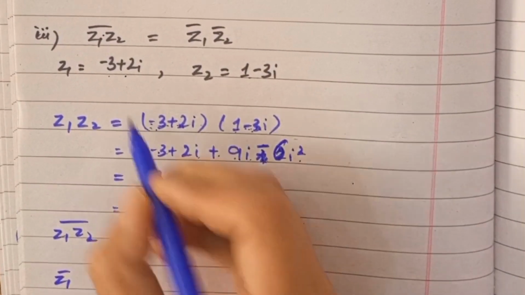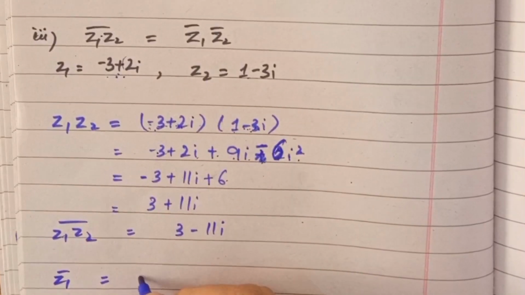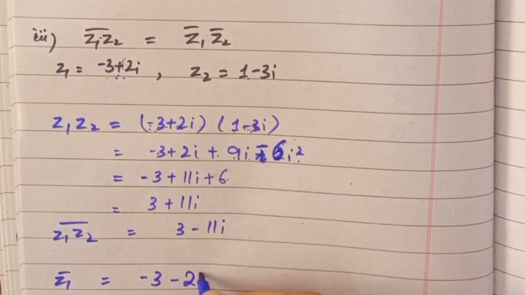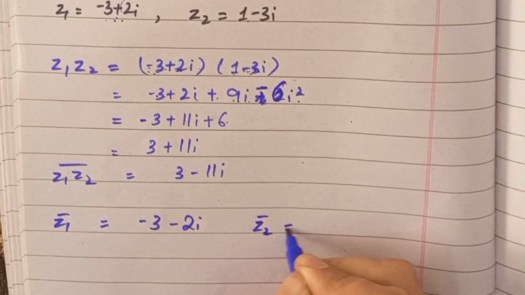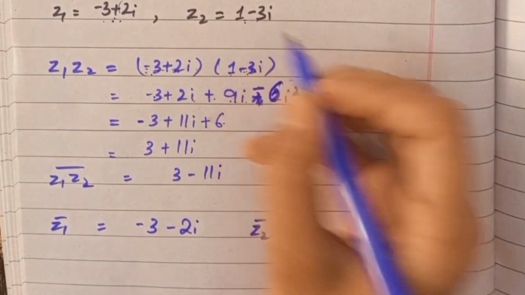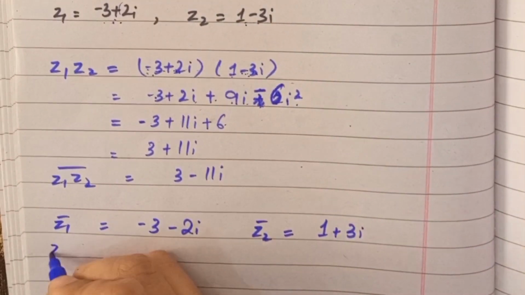Z1 conjugate. Z1 is this, so conjugate will affect the imaginary part. Minus 3 minus 2 iota will be Z1 conjugate. Z2 conjugate is 1 plus 3 iota. Now multiply them.